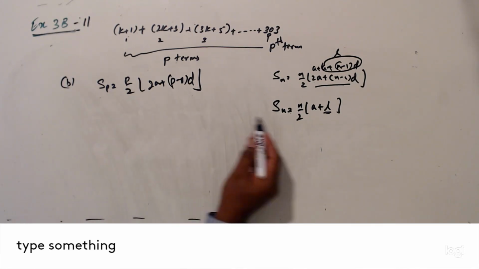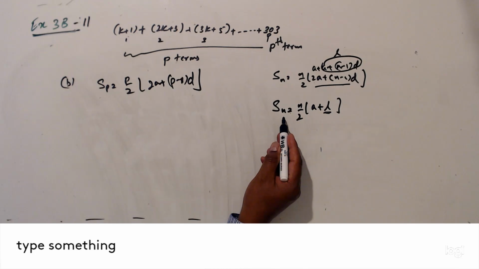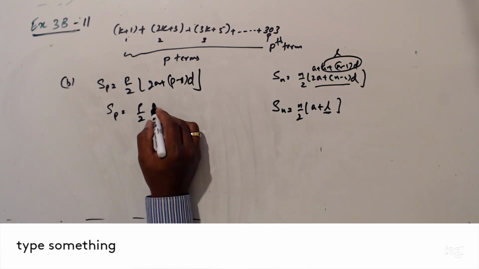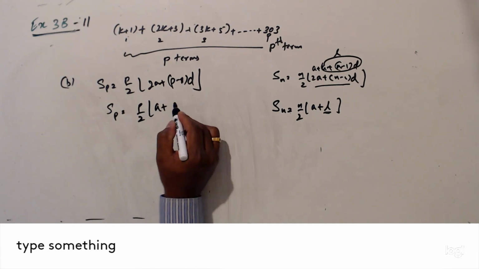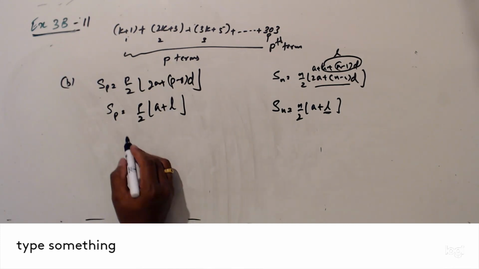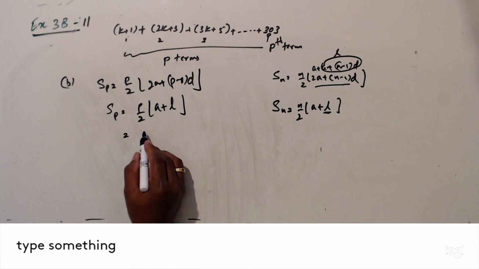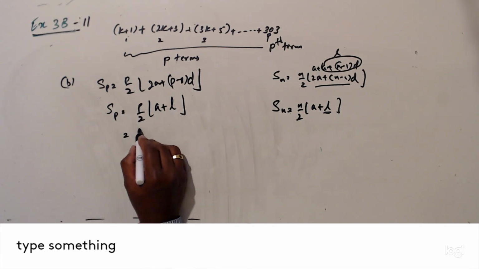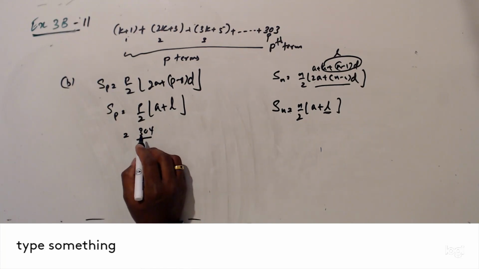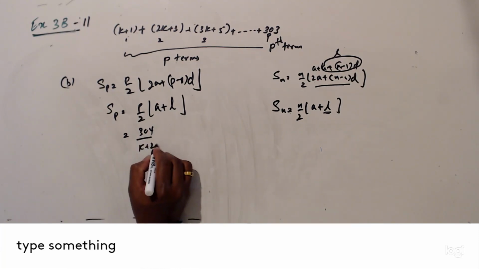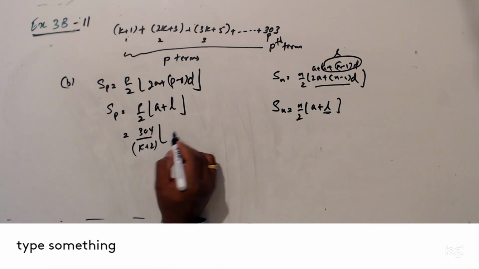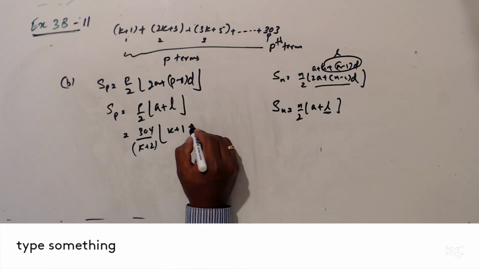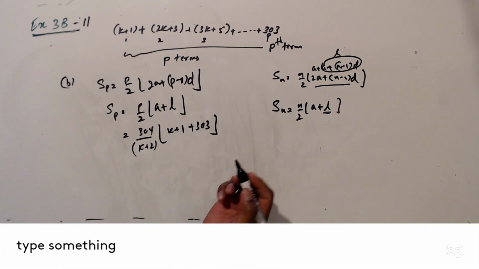So then, instead of in terms of n, we can write Sp equals p divided by 2 times (a plus l), last term. So p, we know what p is. Actually, we found out that it is 304 over k plus k over 2, and a is k plus 1 and l is 303.